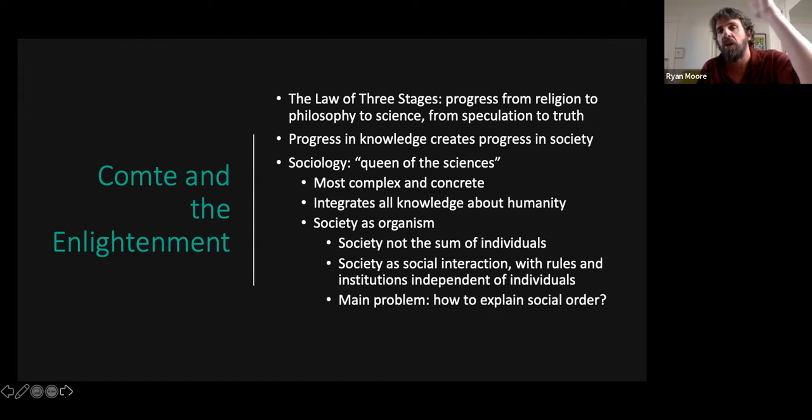And so sociology will be the ultimate form of knowledge about what makes people and what makes societies tick. So it would be the most complex, the most concrete. It would integrate all of this knowledge about humanity.